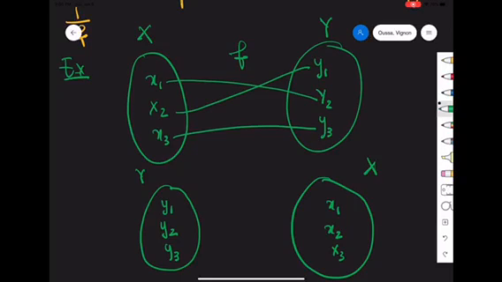Now y1 will go to x2, y2 is going to go to x1, and y3 is going to go to x3 because x3 was mapped to y3 under f. So this is f inverse.